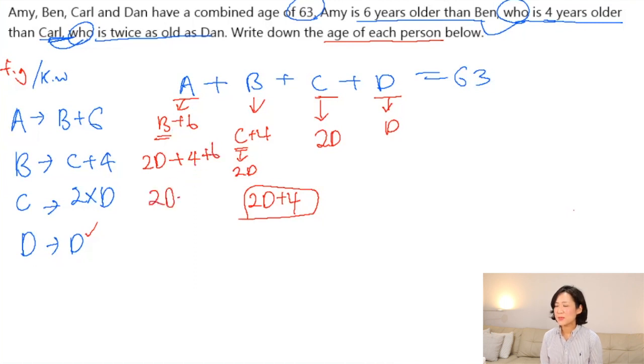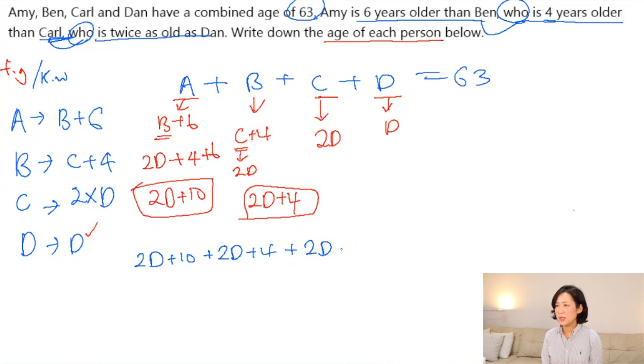Now these are the expressions of the 4 people's ages. Let's add them all together. 2D plus 10, plus Ben is 2D plus 4, and then Carl is 2D, plus D gives you 63.